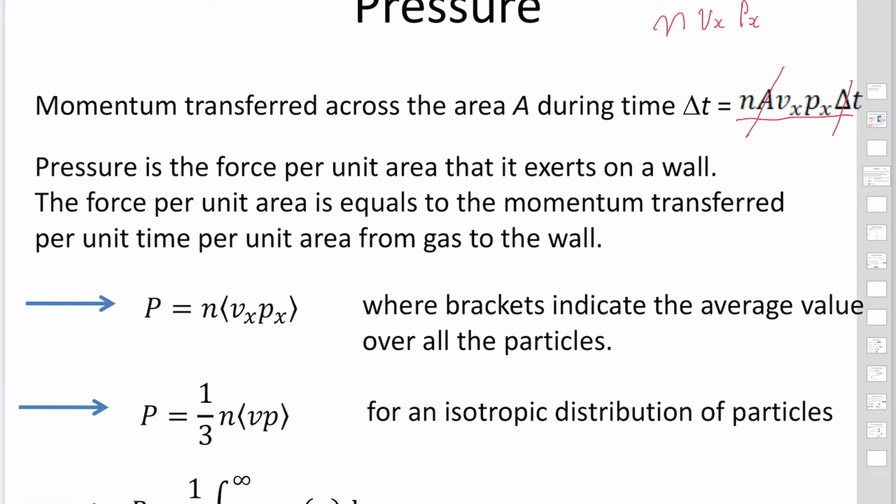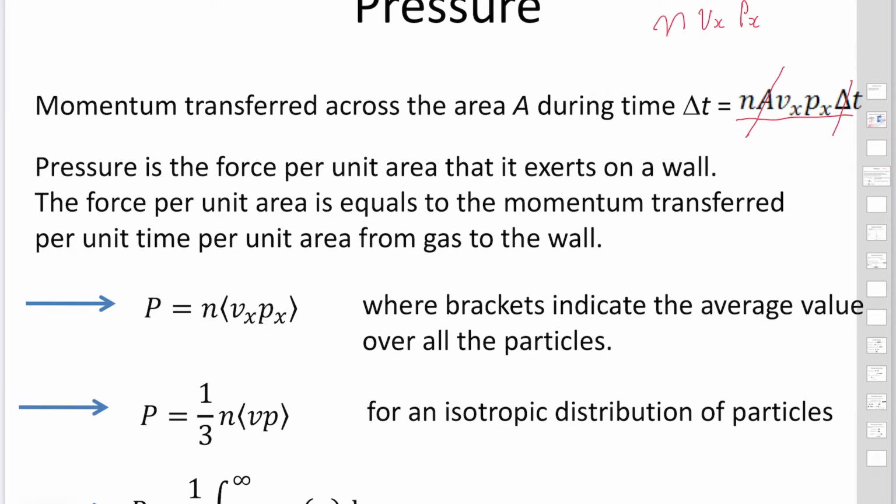Here we only considered that all the particles have the same magnitude of velocity, the same speed. But actually some of the particles are moving very fast, while other particles are moving very slowly. So we have to take into account such a distribution of velocities.